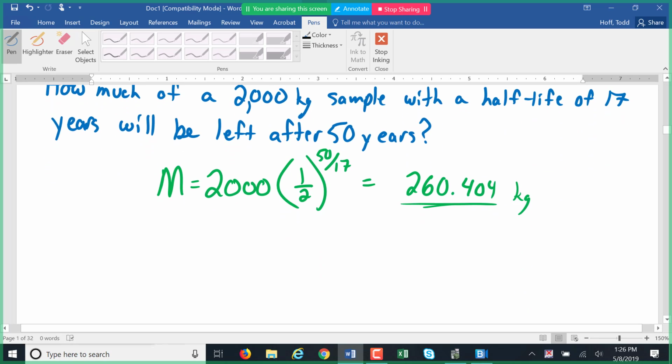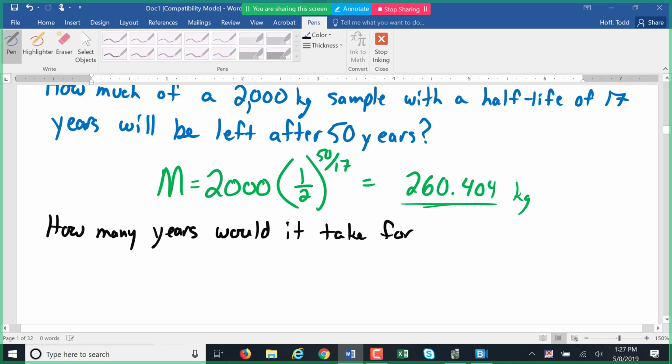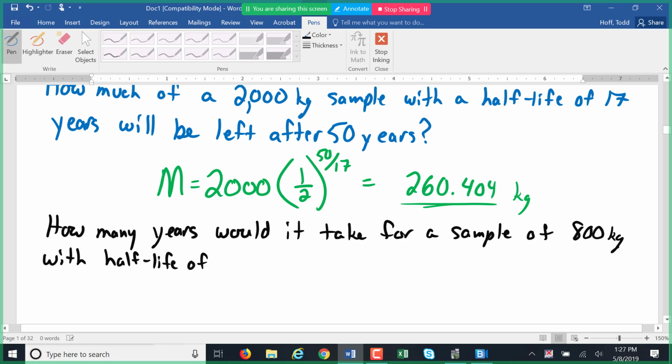However, we might be asked, how many years would it take for a sample of 800 kilograms with half-life of 6 years to decay to 100 kilograms.